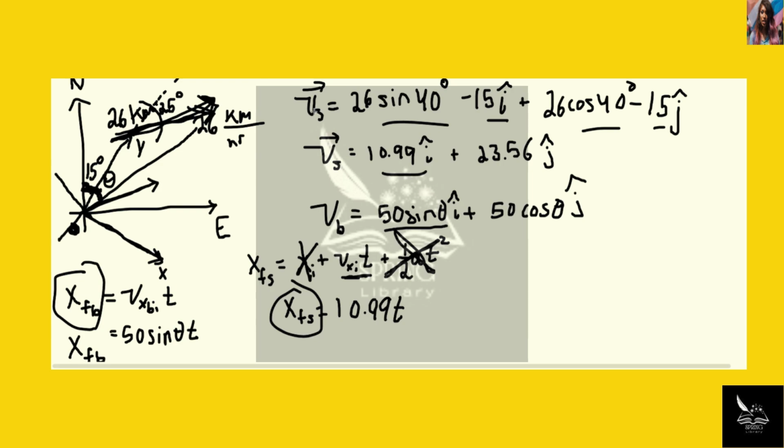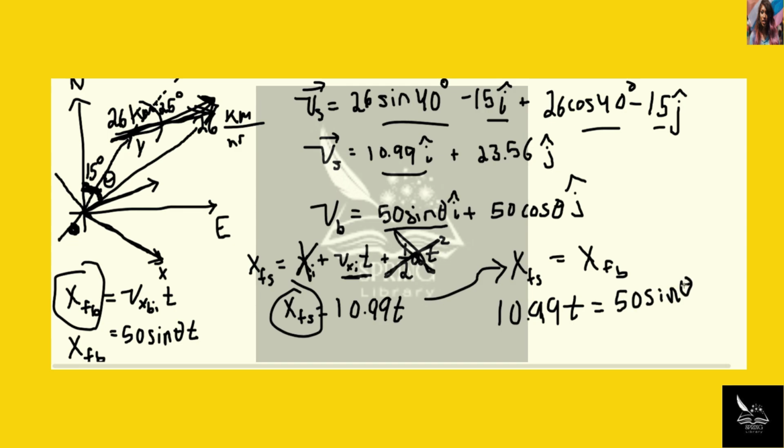So we need to determine that, so we can set these equal to each other. Let's do that right here. We have x final for the ship equals x final for the boat. And that's going to be 10.99 t equals 50 sine theta t.